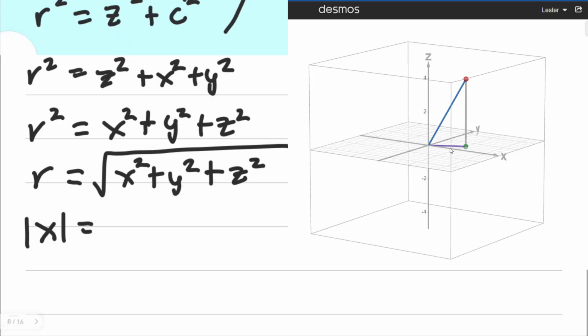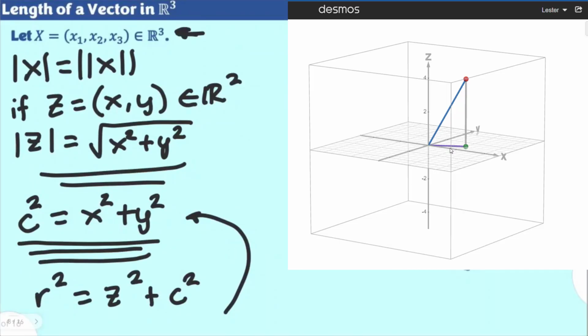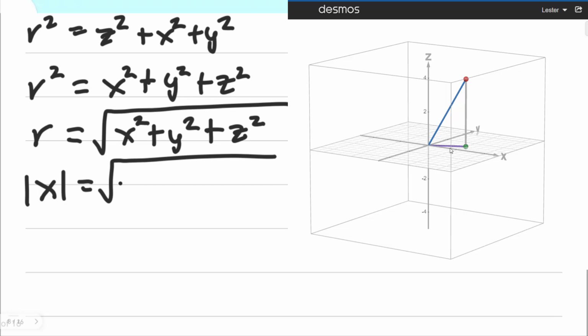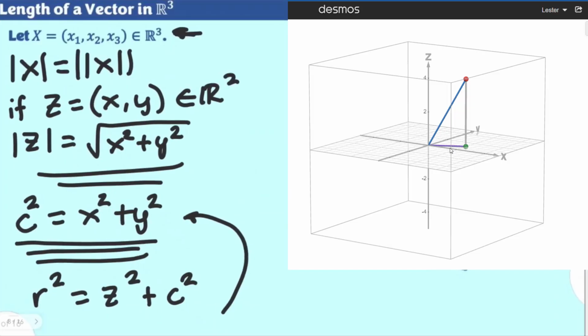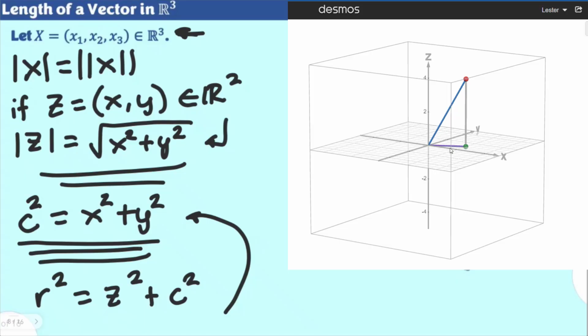In this case, using the components now identified here, it is the square root of the sum of the squares of the three different components. This is now the formula for solving the length of a vector in R3, which is again patterned after the formula in R2, but this time we have 3 dimensions.